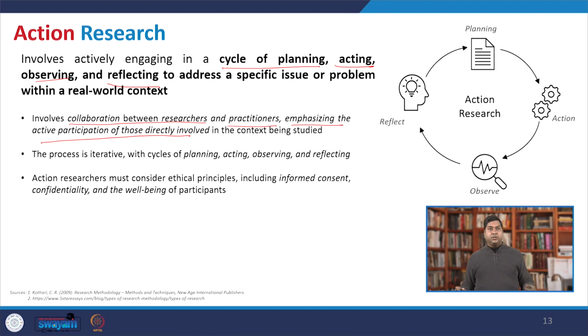That means an organization comes to you with a certain problem, you give a solution, and if there is some rectification needed, you modify it again and bring out the solution. The process is iterative, as I already mentioned. Unless you reach a reasonable or satisfactory solution, you keep on doing planning, acting, observing and reflecting in the cycle.